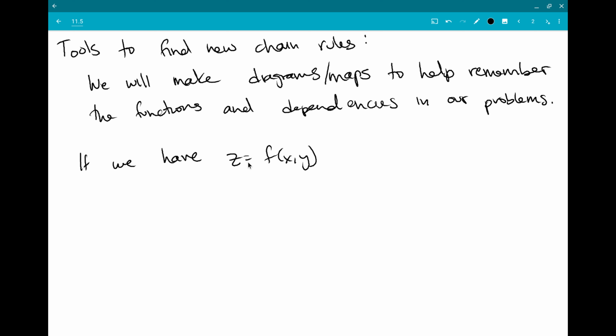So if we have something like z equal to f of x, y, we're going to represent it as we have z, and it depends on x, and it depends on y.